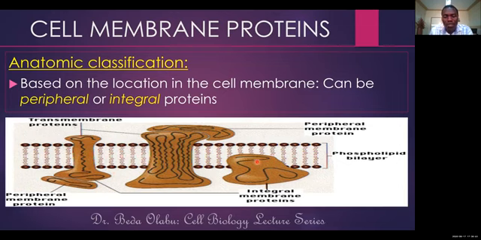You compare that with this one. So among the integral proteins, the ones which actually go through the whole membrane are termed transmembrane proteins. Transmembrane proteins are therefore examples of integral proteins.